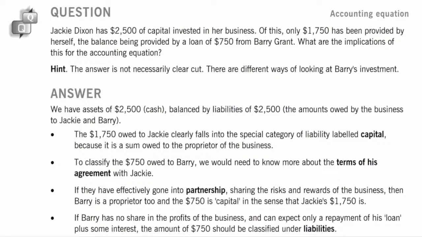Capital is a special liability. Jackie's $1,750 is classified as capital. In accounting, this is considered a special type of liability because the business technically owes it back to Jackie as the owner. And that's how we solve this question.